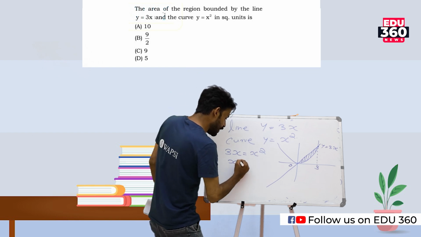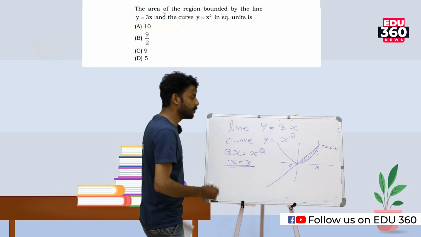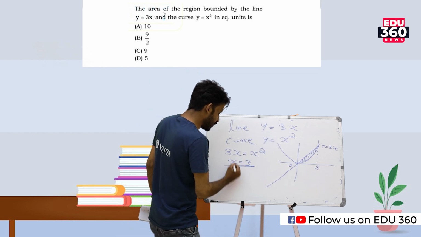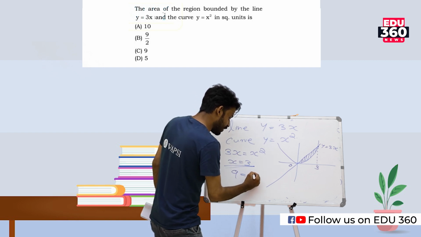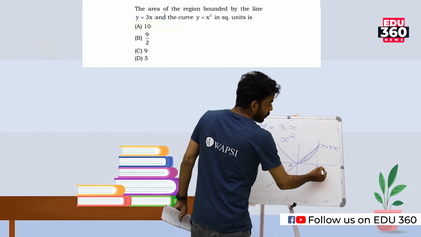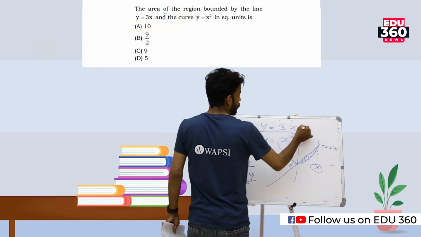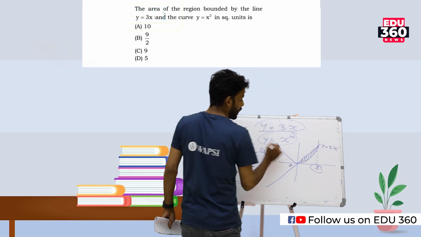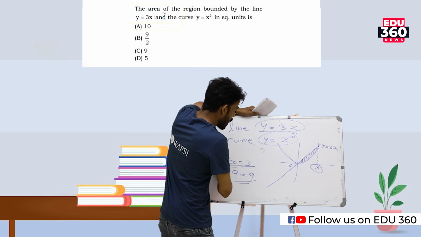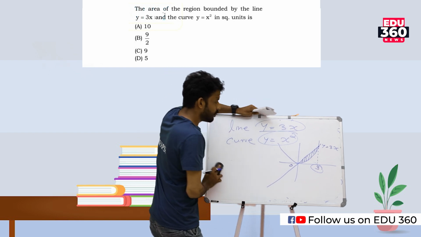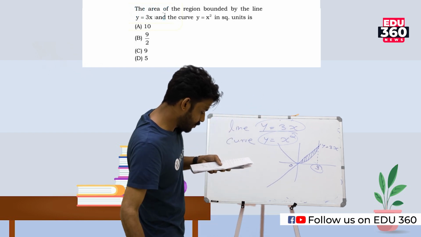So x will be equal to 3. When x is 3, 3 into 3 is 9, which is equal to 3 square, that is 9. So from the two equations, the value of x is 3 here.